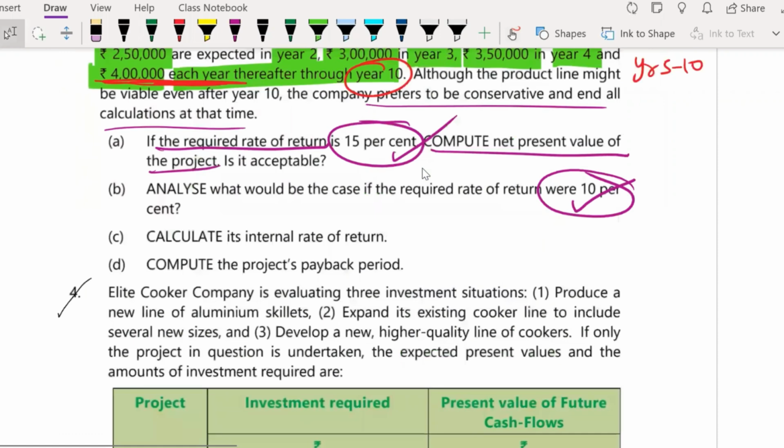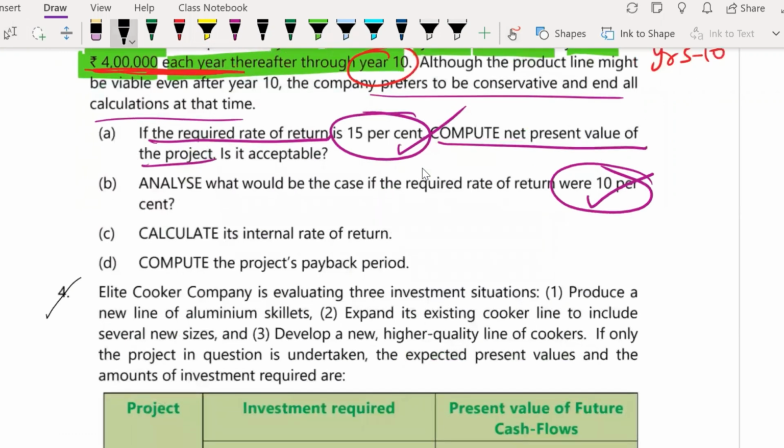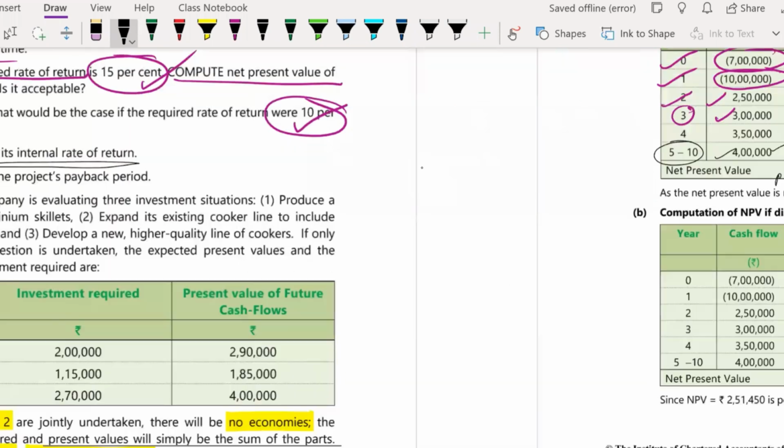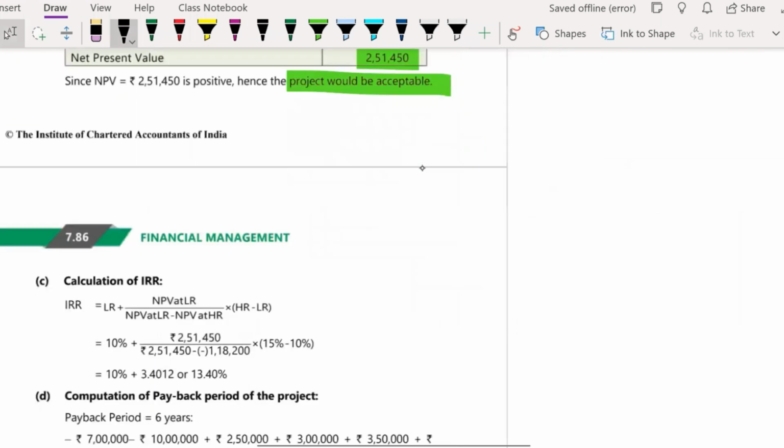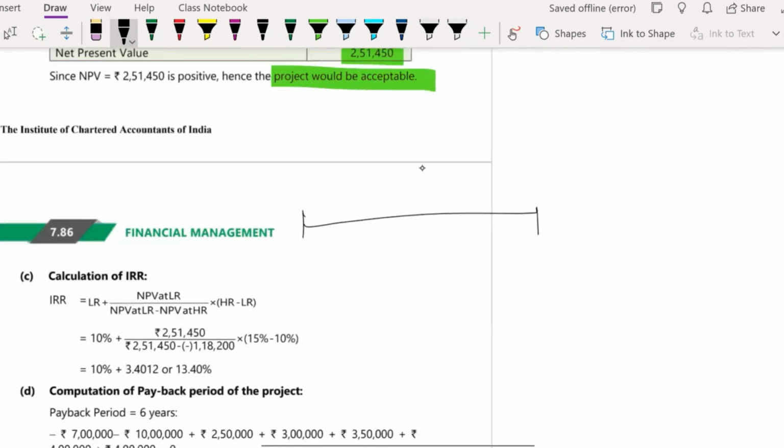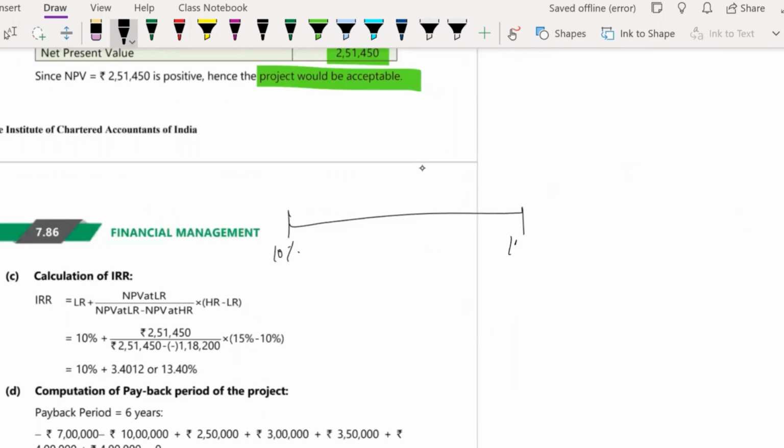And then they tell you to calculate internal rate of return. What is internal rate of return? Where your NPV is 0, or your present value of cash inflow is equal to your present value of cash outflow. So here how do you find out? You find out by using a positive NPV and a negative NPV. So here in the question we already found out that we have 10% and we had 15%.